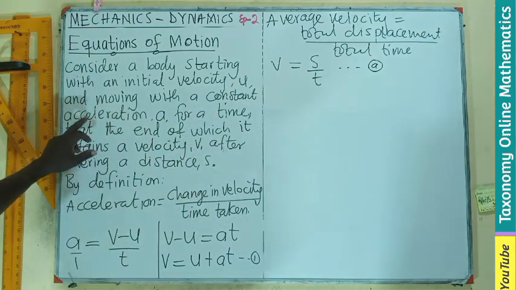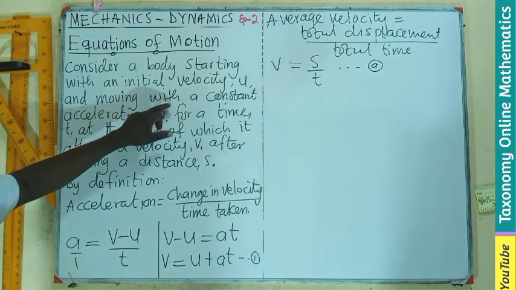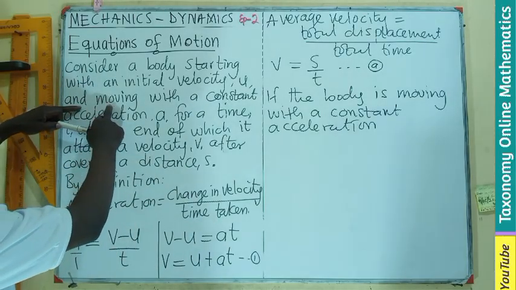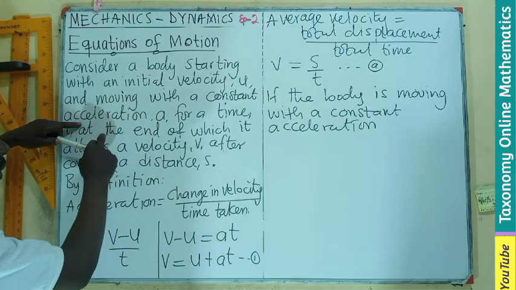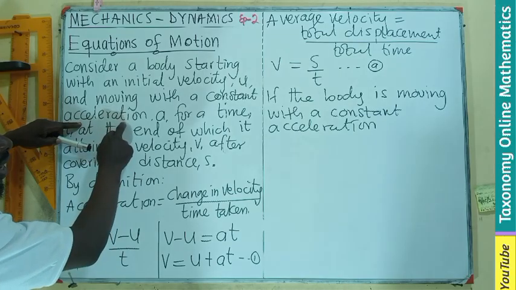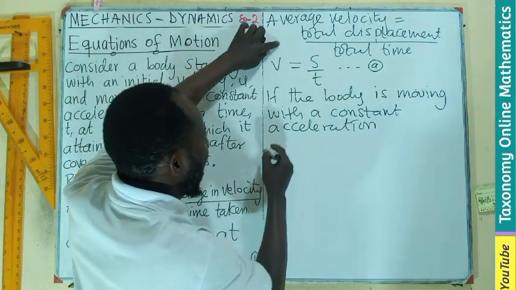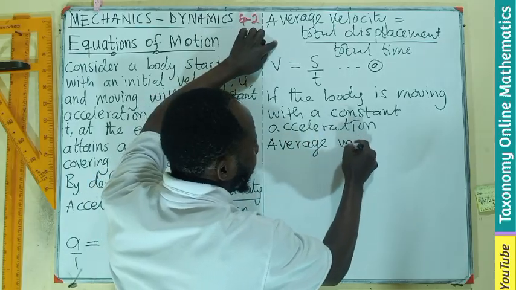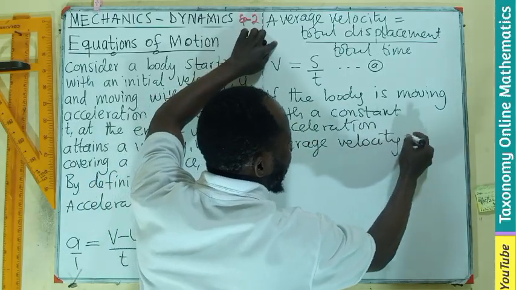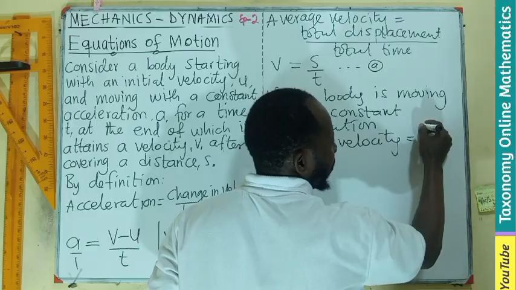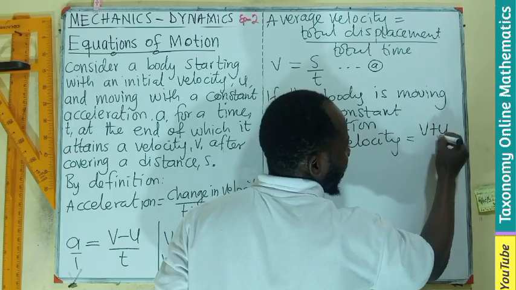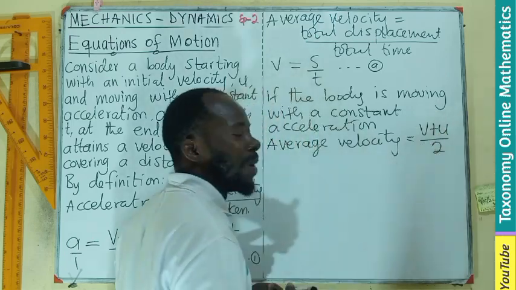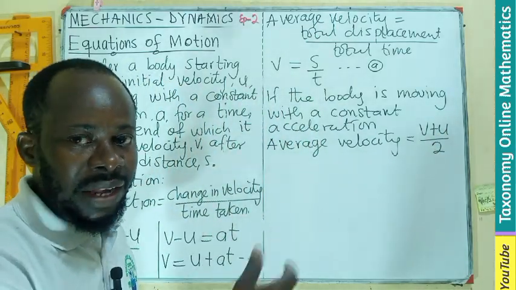Now, if the body is moving with a constant acceleration, not velocity, then our average velocity is going to be the final velocity plus initial velocity divided by 2, or initial plus final divided by 2, if you are using a constant acceleration.